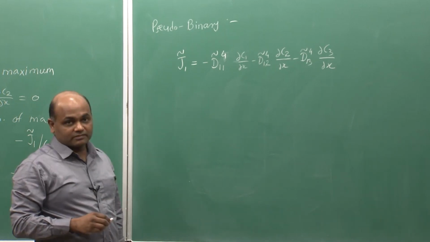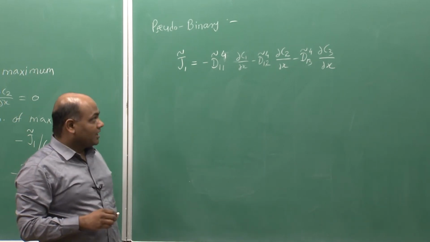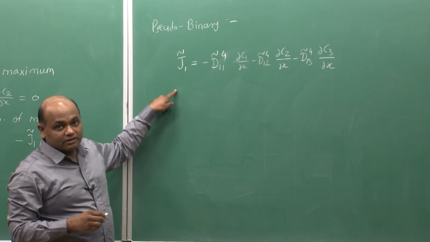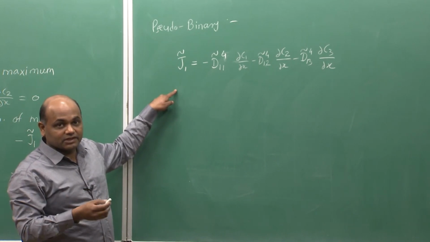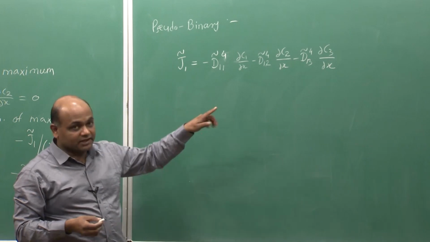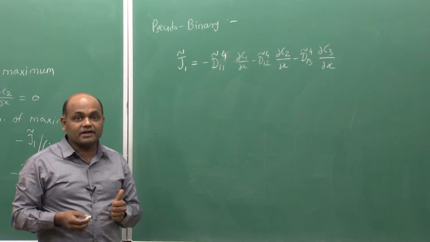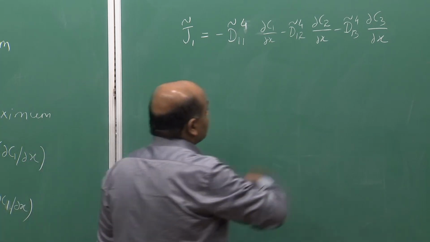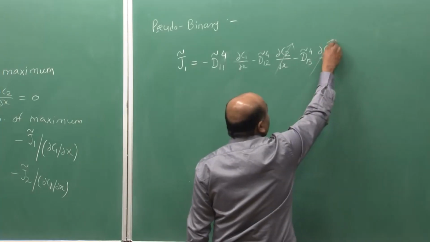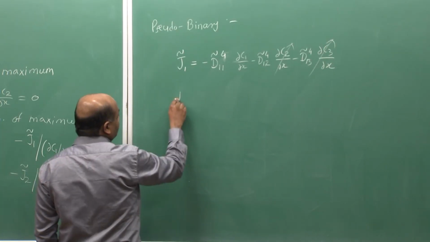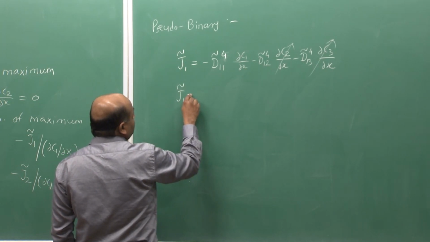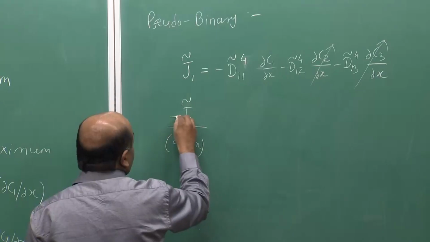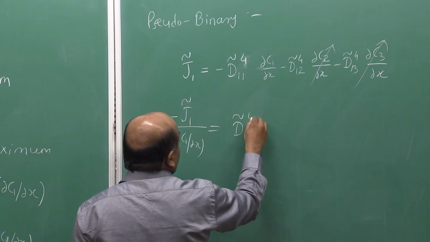And suppose we have selected the diffusion couples such that only component 1 and 4 have different concentrations in the 2 terminal alloys, but component 2 and 3 have same concentrations. Assuming that they will not develop any concentration profiles during diffusion, these two terms will be 0 and we can straight away get J1 tilde 4 divided by dou C1 by dou x, there is a negative sign here, equal to D11 tilde 4.